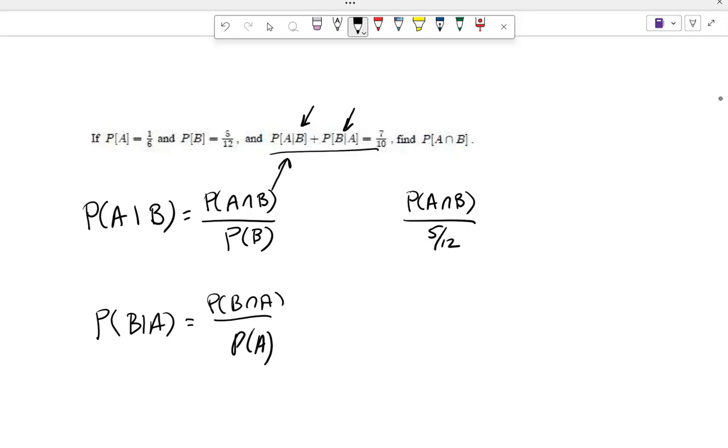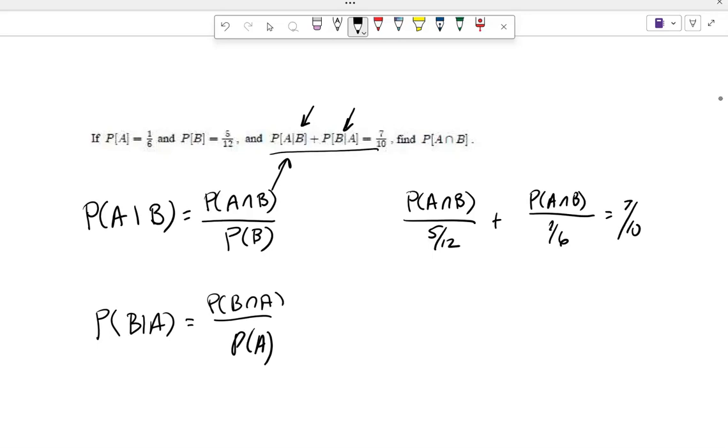I'm just plugging that in there. We'd have probability of A intersect B over 1/6. That has to equal 7/10. Does that look like an equation you can solve? It's got fractions in it, but you can certainly solve that, right? So this one is just a matter of playing around with the formulas and solving the equation.